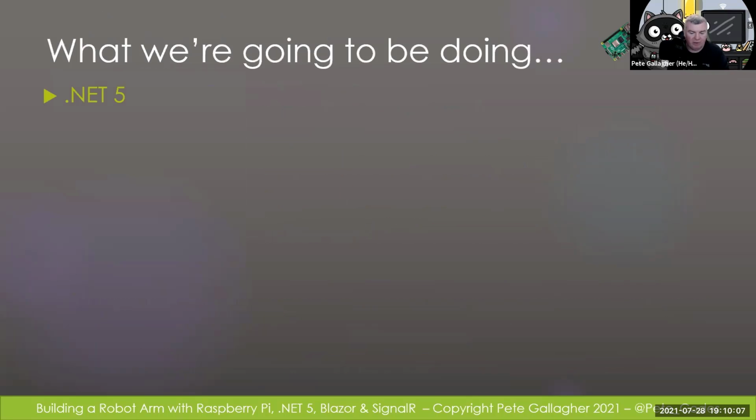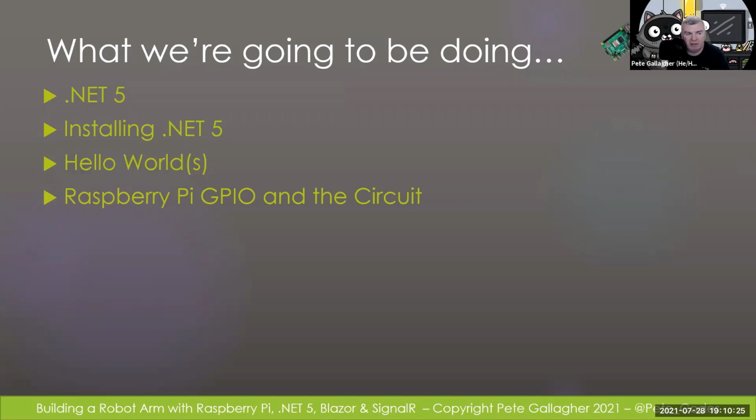So what we're going to do tonight, we're going to look briefly at .NET 5. Being a .NET group, I'm hoping that you would know a bit about that, but we won't linger around on that too much. And then we'll look at what's involved in getting .NET installed on a Raspberry Pi. And then we'll spin up some various different Hello World projects. And we'll look at the Raspberry Pi GPIO and the circuit that I've got over here.